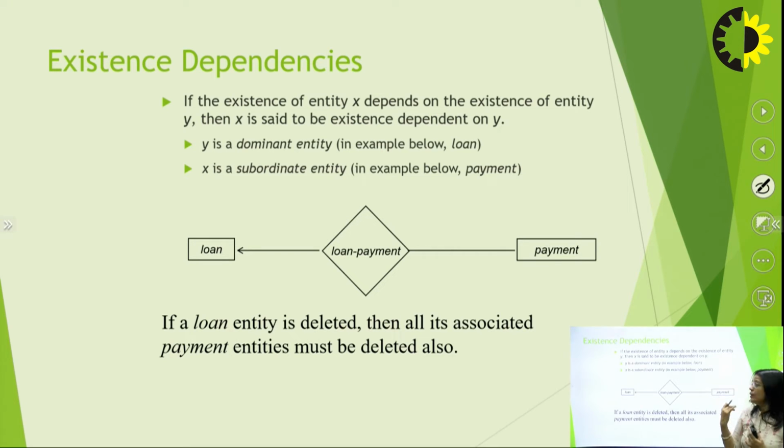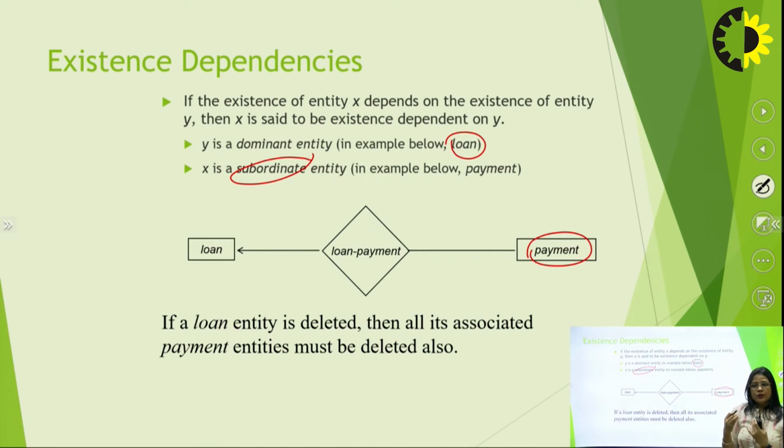So here this loan is the dominant entity, and payment is the subordinate entity, right? We can take an example: I'm working in a college, so I'm an employee here, and they are storing my dependents' information. Let's suppose I have two dependents.